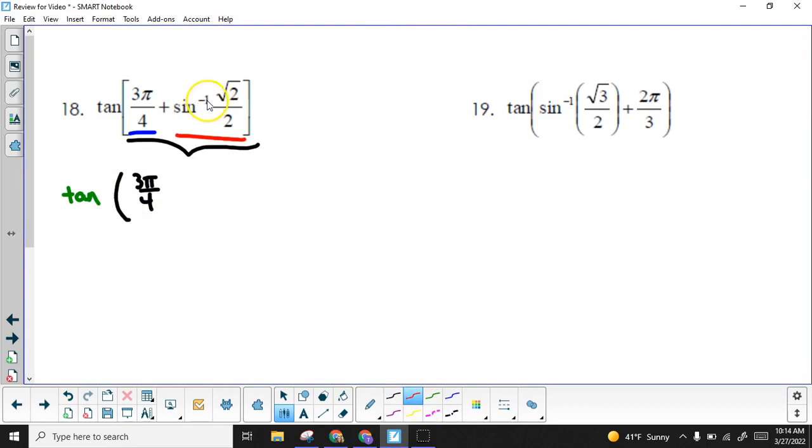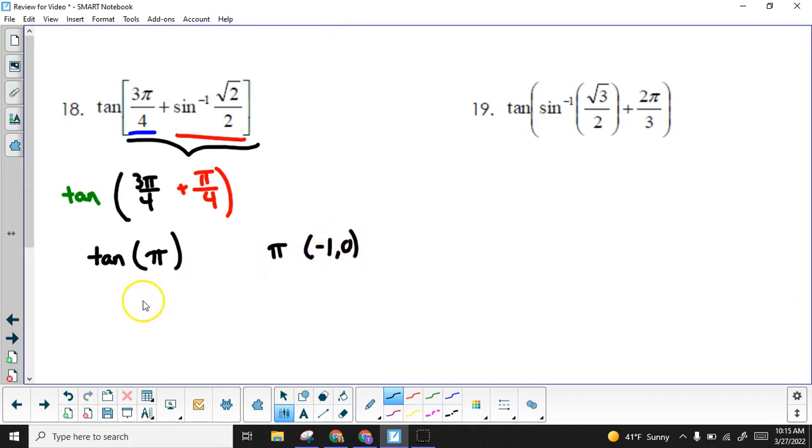What angle has a sine value of root 2 over 2? That is pi over 4. Now when we add 3 pi over 4 plus pi over 4, we get 4 pi over 4, which is just pi. We're taking the tangent of pi, and the tangent is y over x. For pi, our coordinates are -1, 0. So if we do y over x, 0 over -1, then we get that our tangent is 0.